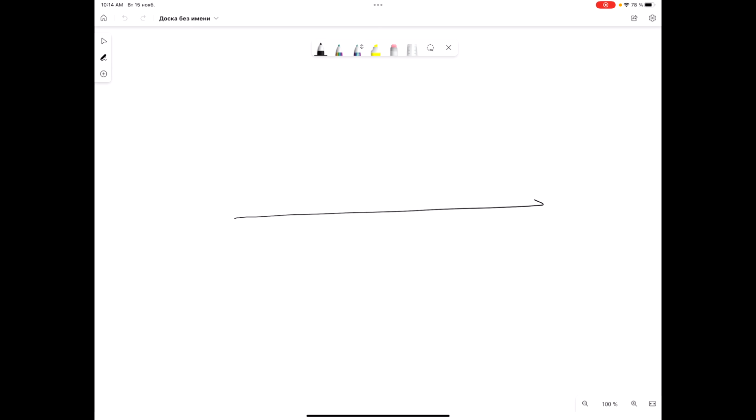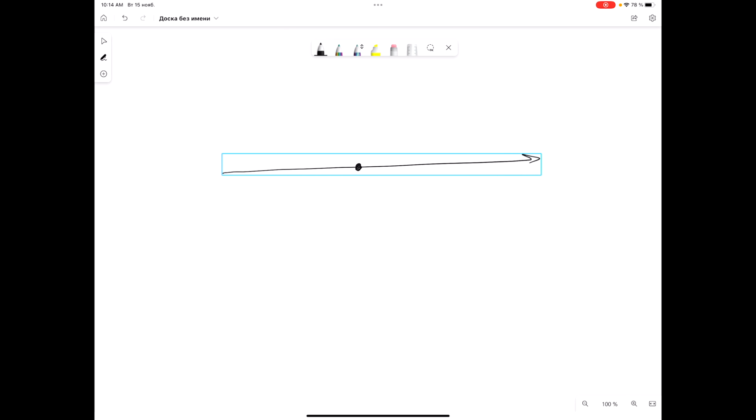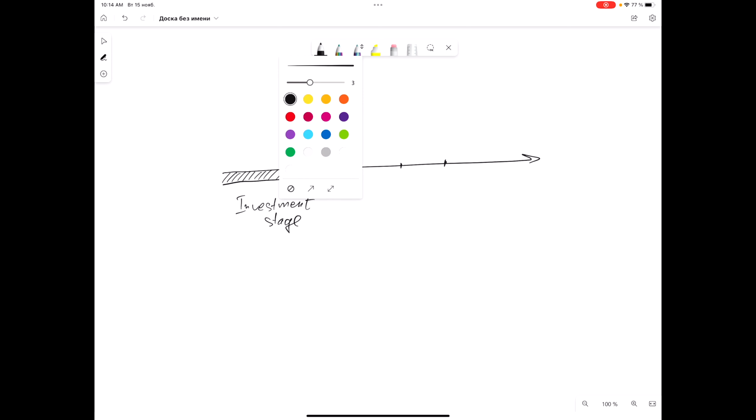For example, we have the timeline, and here is the moment when we start operating activity. This is the investment stage. And here let's describe 2 months of operating activity. Here we will place the expenses.